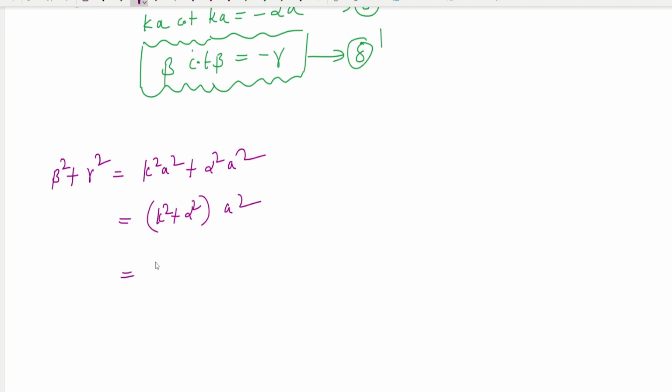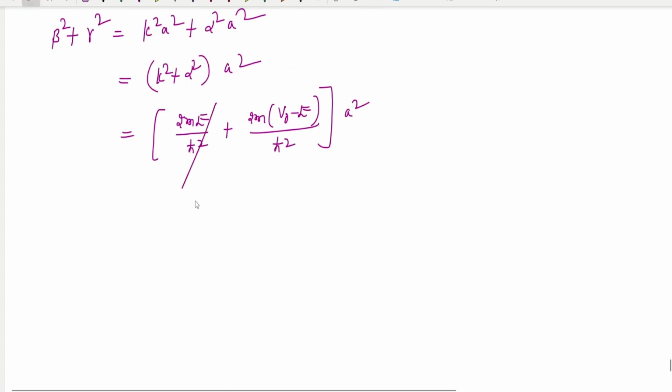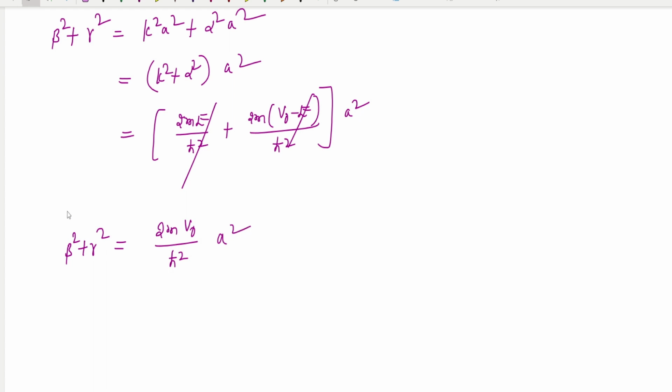Then we know the k square value already, 2mE divided by h cross square, plus 2m V naught minus E divided by h cross square, into a square. By cancelling, the remaining equation is beta square plus gamma square equal to 2m V naught divided by h cross square into a square.